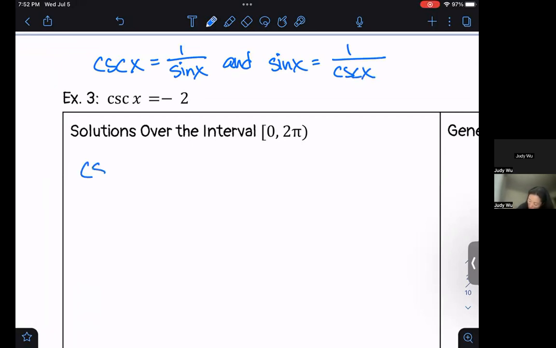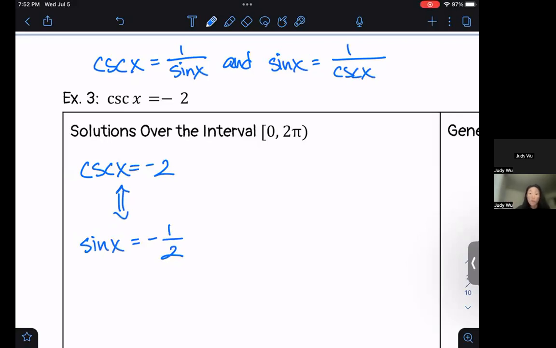So cosecant x equals -2 is really the same thing as saying sine x equals -1/2. So I took the reciprocal of that side equals the reciprocal of the other side. Okay, now I don't change the sign. It doesn't become a positive 1/2. All I do is I take 2 over 1 and I flip that number.